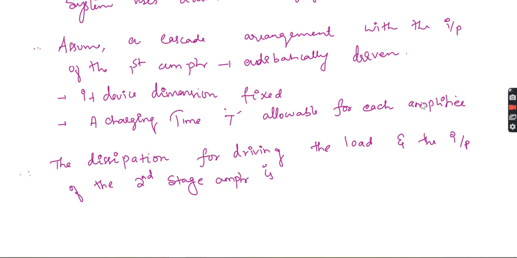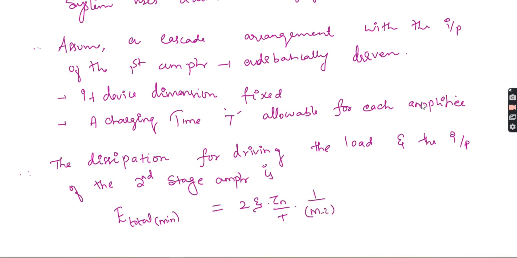The minimum total energy dissipation, that is E total minimum, is equal to 2 psi into tau n by t, which is already known, right?